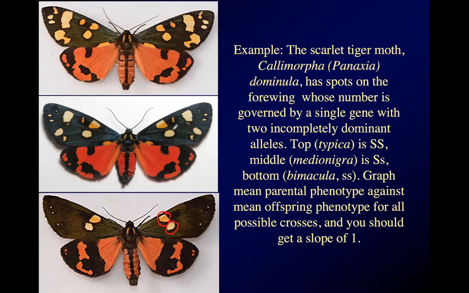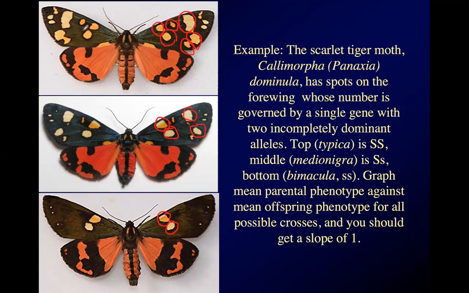Up here, the heterozygote has 4 big spots on each forewing, right there. And up here, the homozygous dominant, phenotype typica, you can see it's a lot more spotty. By the power vested in me by the state of Arkansas, I'm going to say that has 1, 2, 3, 4, 5, 6 spots on the wing.